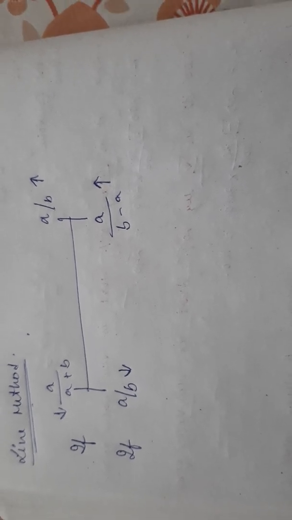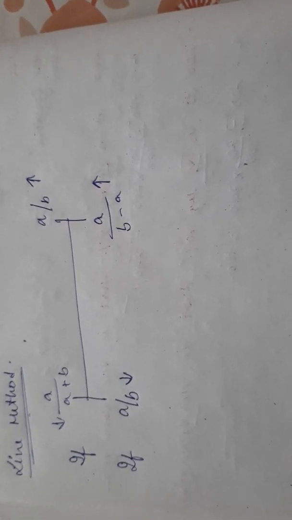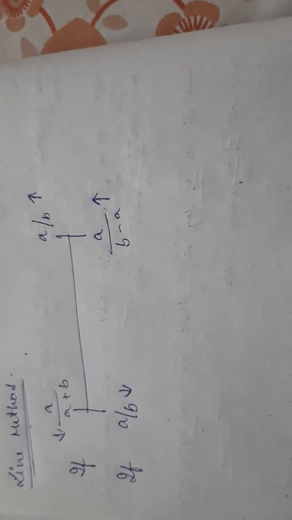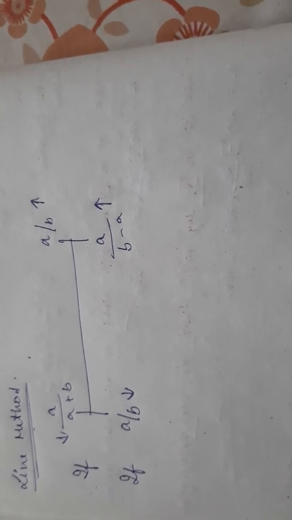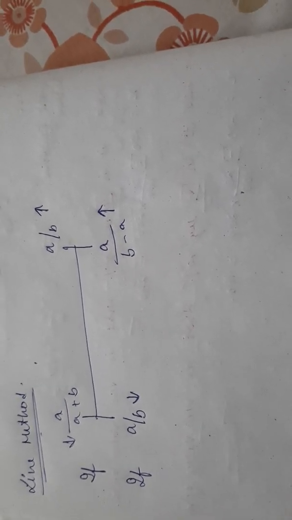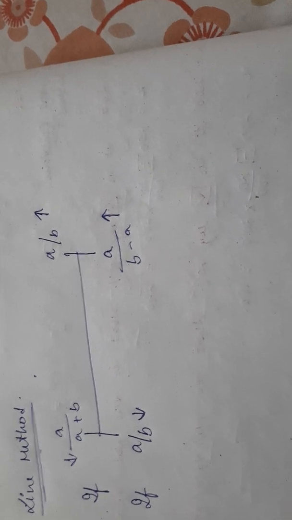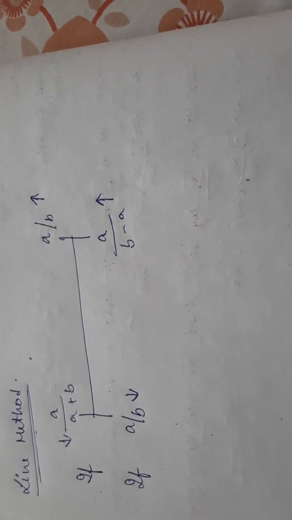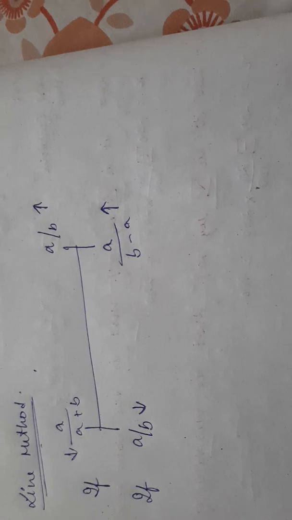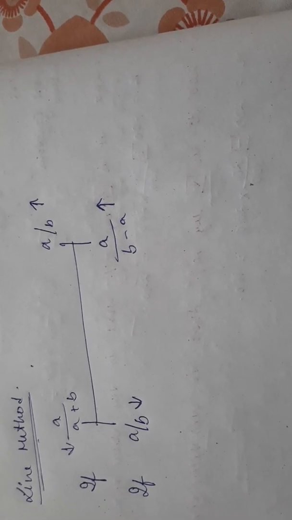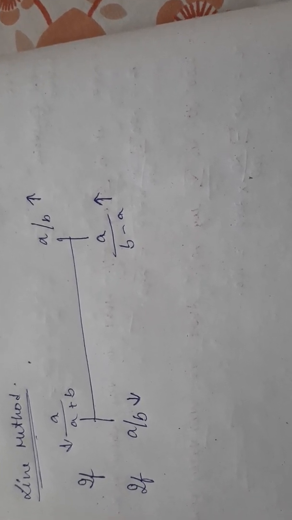Sometimes you get a question that the rate is increased by 1 by 3. Keeping the expenditure constant, how much will the quantity decrease?